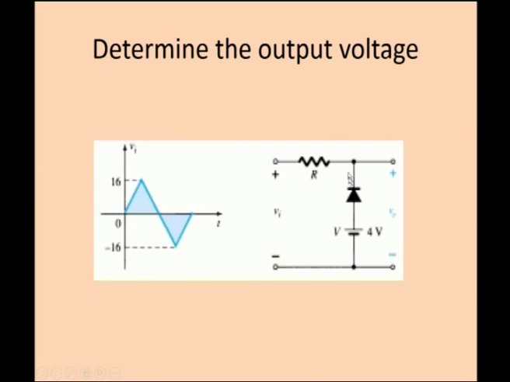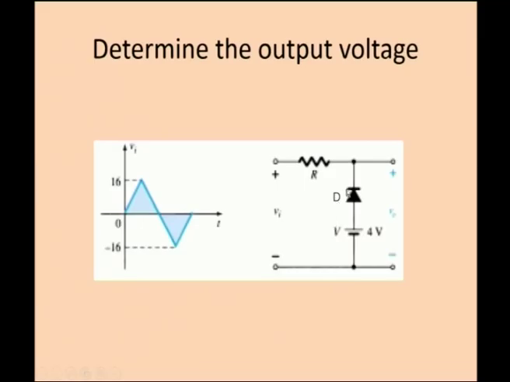So, this is a parallel clipper with the DC supply in the shunt arm. You have to understand the working of the diode, when the diode will be in on state and when the diode will be in off state. This is a triangular waveform with the peak voltage 16 to minus 16, and here the DC supply is 4 volts.